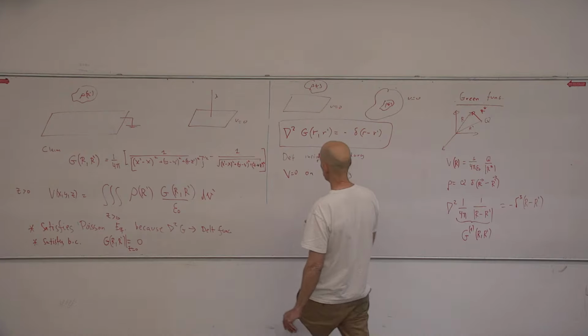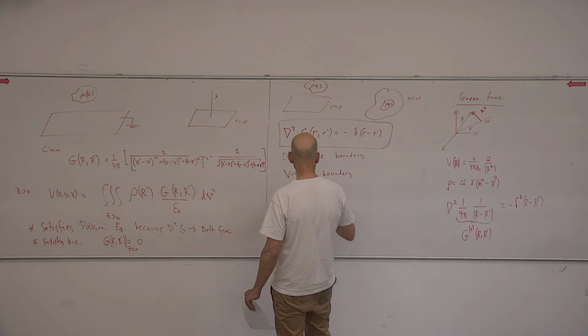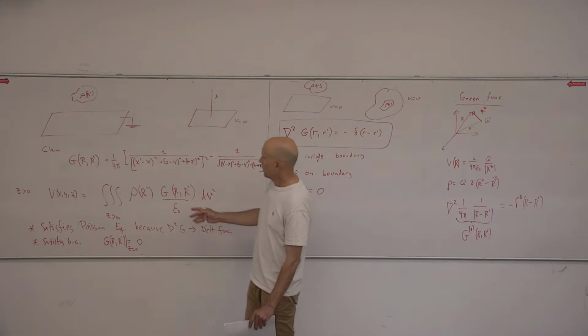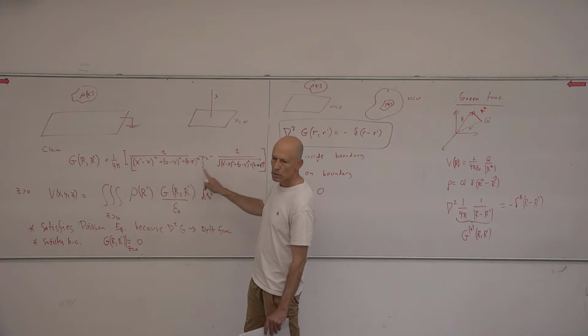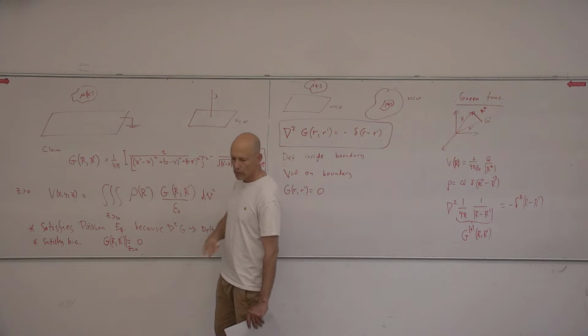For this boundary condition, the second condition, G(r, r prime), is equal to 0, like the potential. We also had it before, you see. We said this minus this on the plane was 0. Now I'm doing the same thing, but more generally.